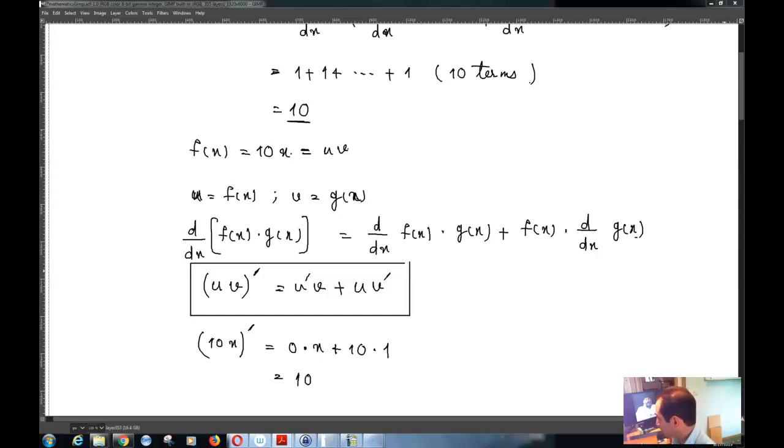Then using the same kind of logic, we can evaluate, for example, the derivative of f of x equal to x squared, which you can write as x times x.